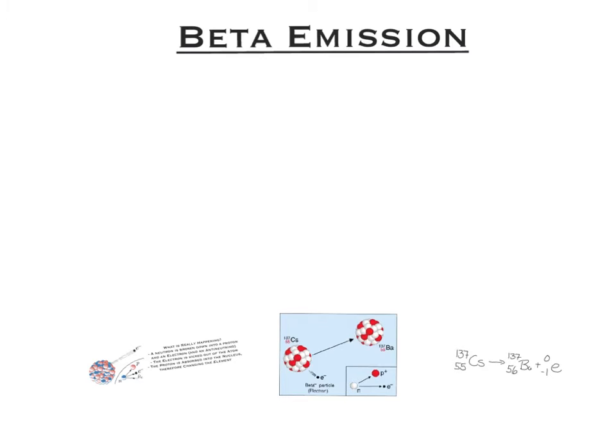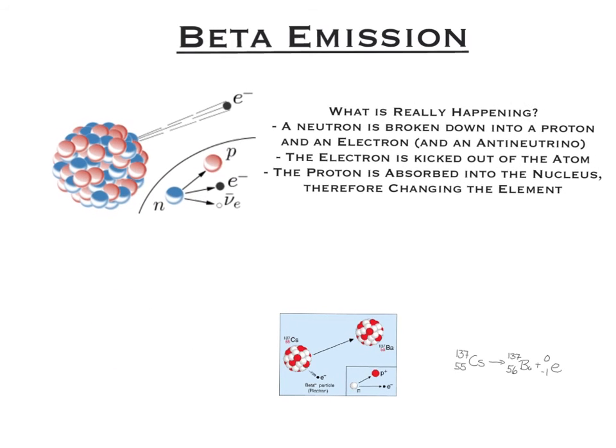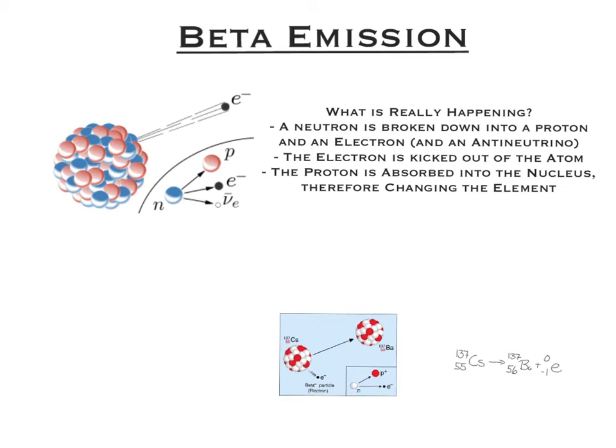So the next type of emission or decay that we're going to look at is a beta decay. Now there are some things that we have to really focus on here so that we understand the equation that we're going to create. So here we look at the beta emission, we look at the image, we have our nucleus, protons, neutrons. We can see that an electron is getting kicked out of the atom. Now there's more to it than that. It's not simply that an electron is being kicked out.